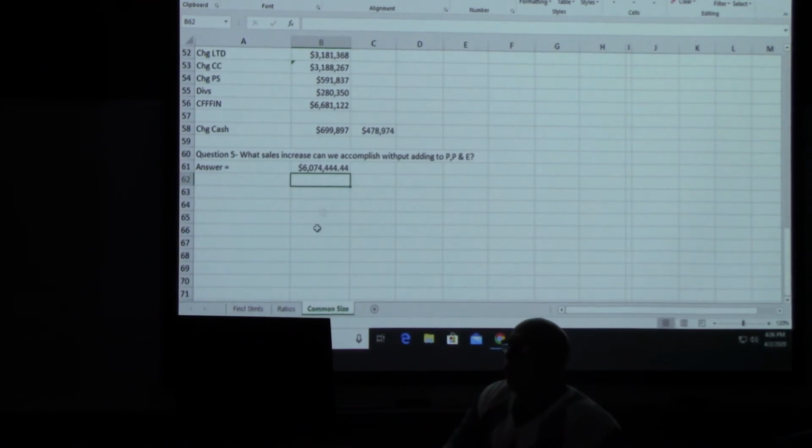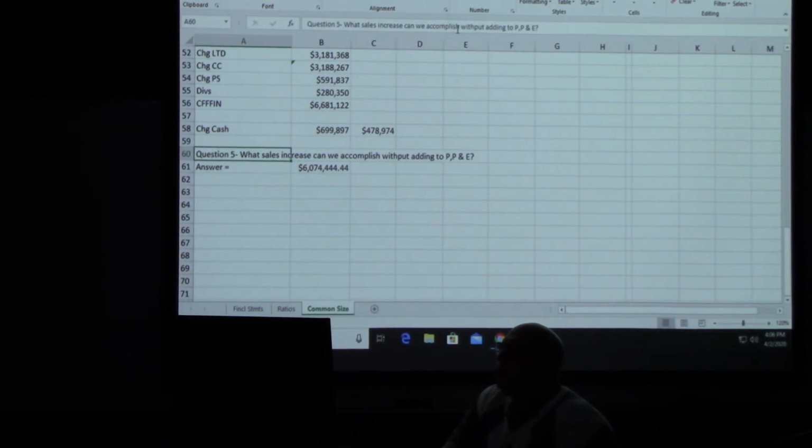All right, so what sales increase can we accomplish without adding to property, plant, and equipment? Well, we're running at 90%.